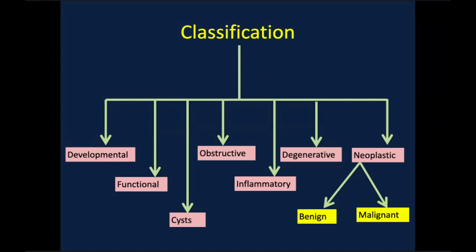Right, so the next step of the lecture is to decide on a classification system to describe the various disorders you see in the salivary glands. If you classify those diseases into a common framework, there are developmental disorders, functional disorders, cysts, and obstructive disorders due to obstruction of the salivary glands.